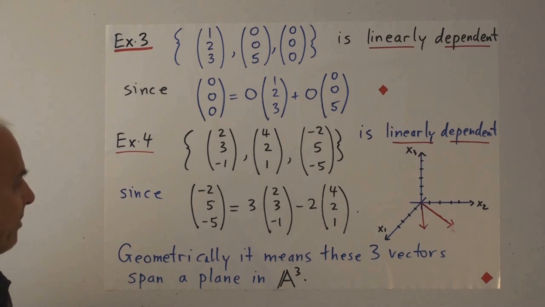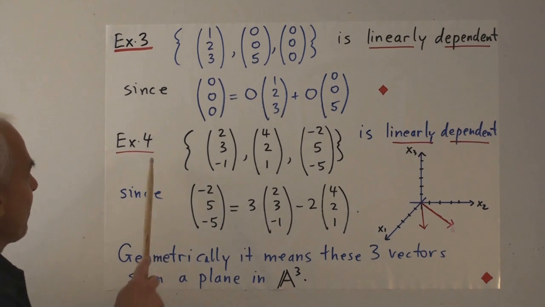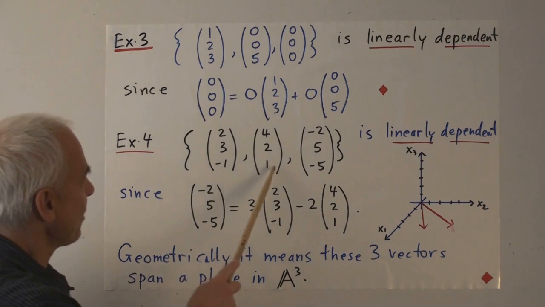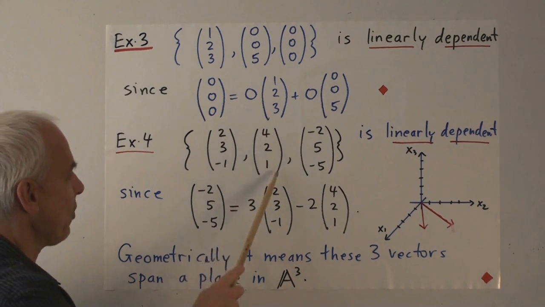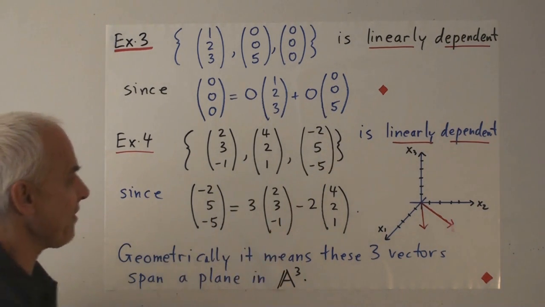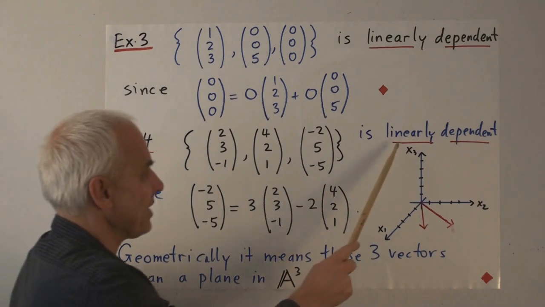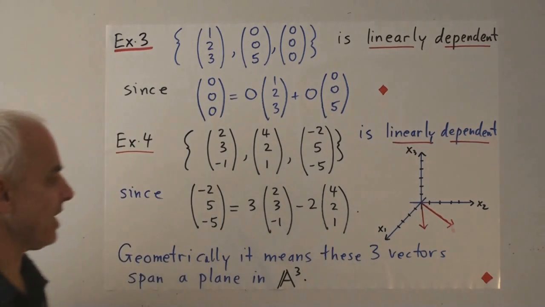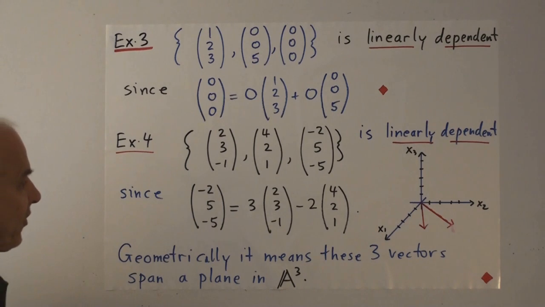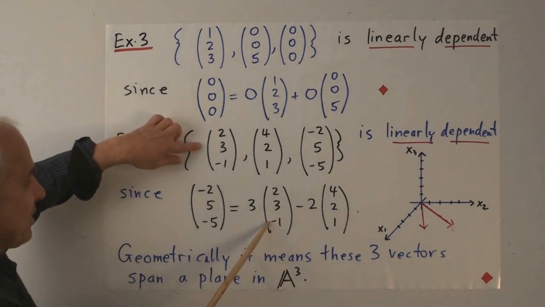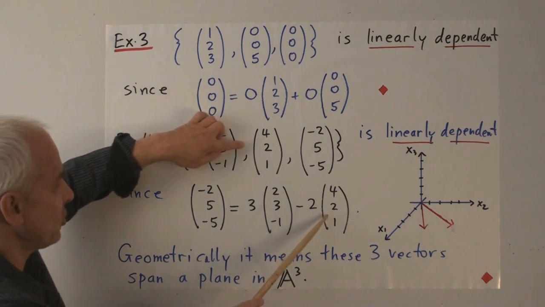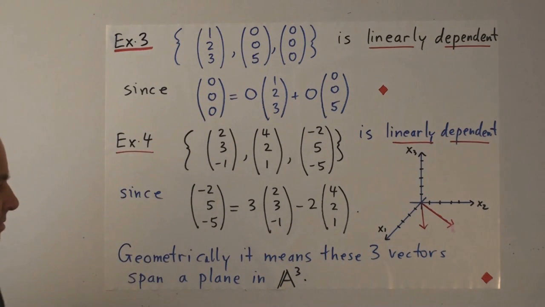Here is another example. We've got 3 vectors: (2, 3, -1), (4, 2, 1), (-2, 5, -5). And the claim is that this is a linearly dependent set. Why? Because (-2, 5, -5) happens to be 3 times this vector minus 2 times this vector.